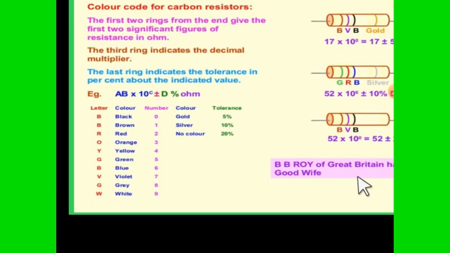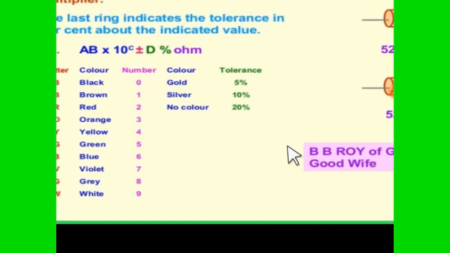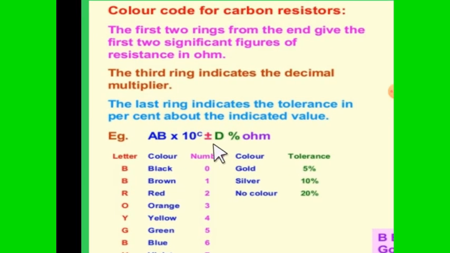So that is all about this color coding, and you can see the formula here. A represents the first digit, the first color ring. B represents the second digit, the second color ring. C represents the multiplier, the third ring, and D represents the tolerance, which is gold, silver, or no color.